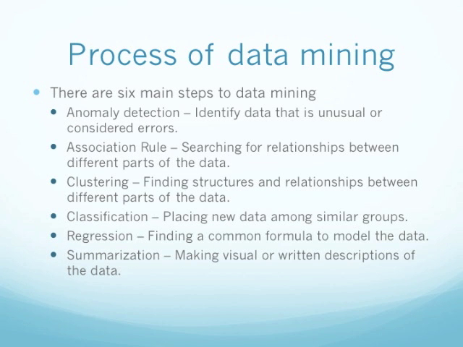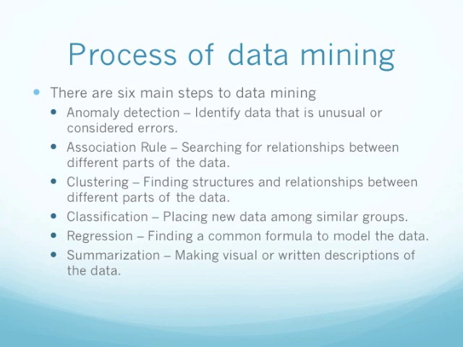The process of data mining. There are 6 main steps to data mining. Anomaly detection, which is to identify the data that is unusual or considered errors. Any information that is irrelevant to the analysis is excluded. There is the association rule, which is searching for relationships between different parts of the data.